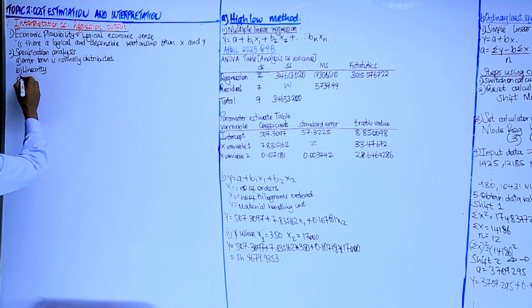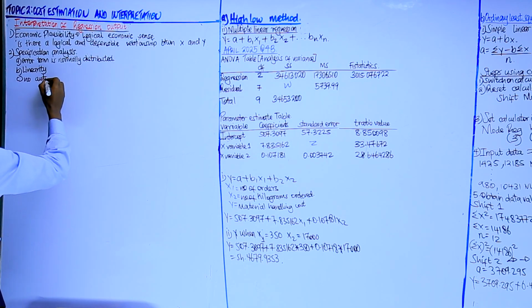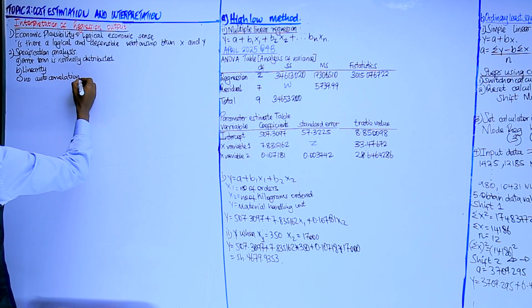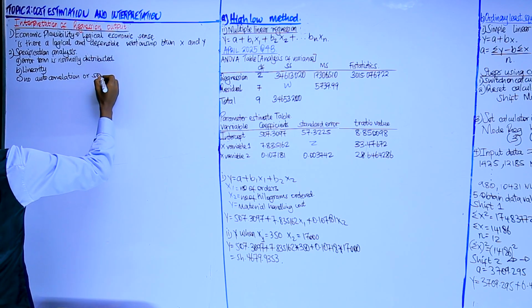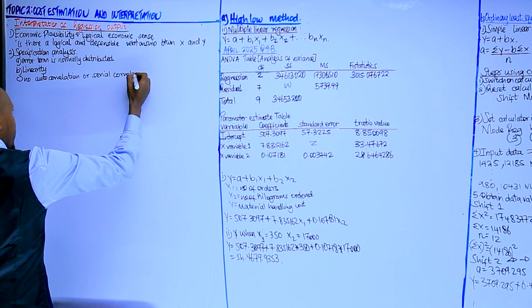Number three is that there should be no autocorrelation, or no serial correlation.